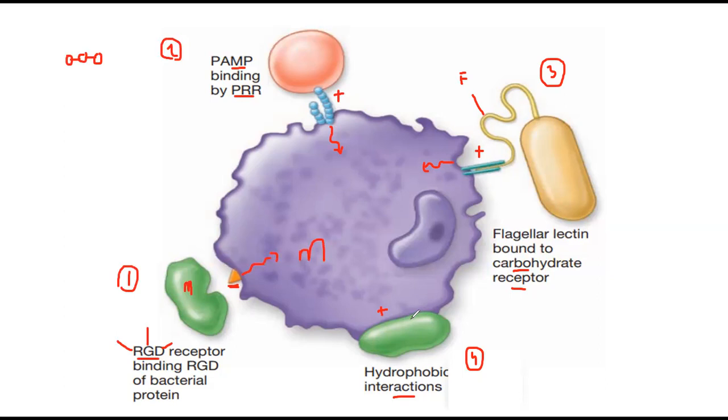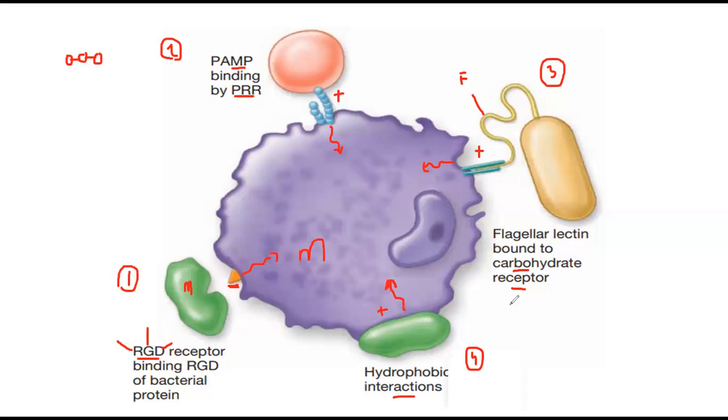Again, I repeat, what is hydrophobic interaction? The interaction between the fat molecules and the water molecules. The water molecule should be either from the immune cells or from the microorganism. If we consider the slime layer, it consists of high water content, so it interacts with the phospholipids of the immune cells, and after that there is a specific interaction, and these microorganisms are engulfed by the immune cells.